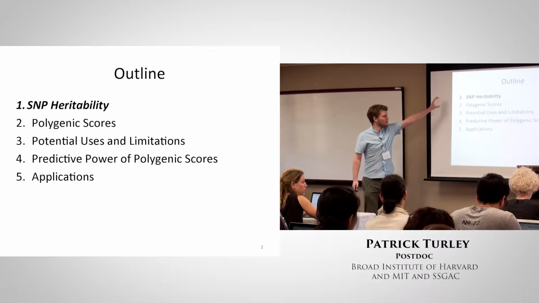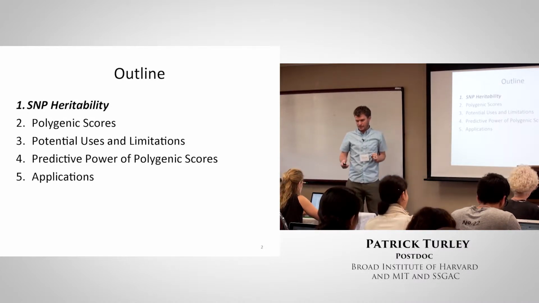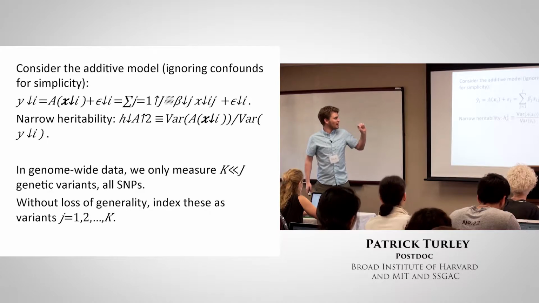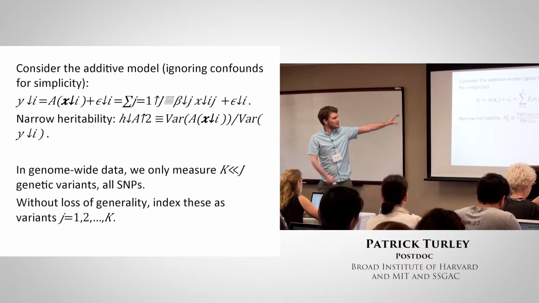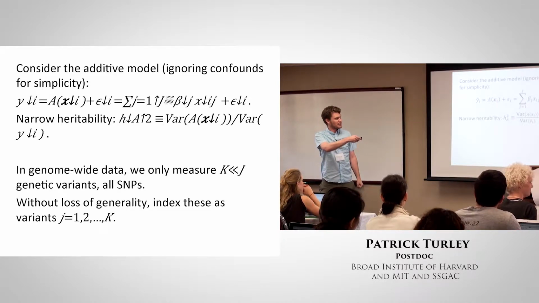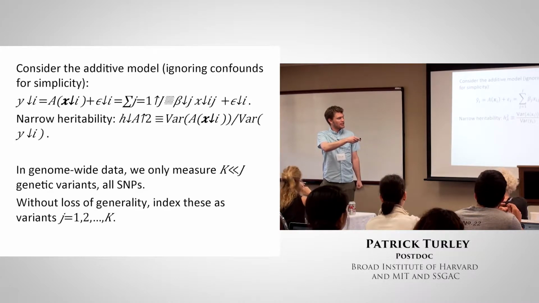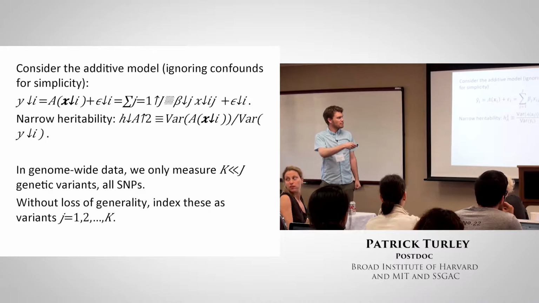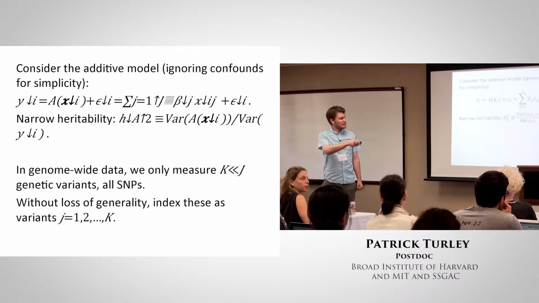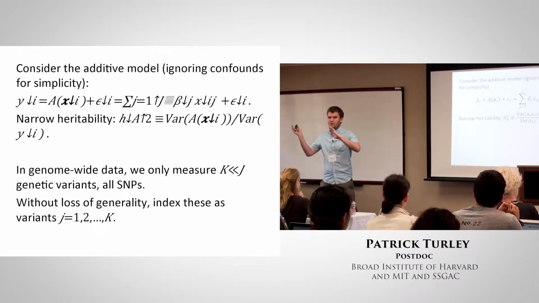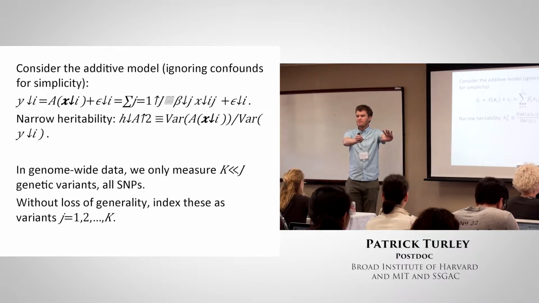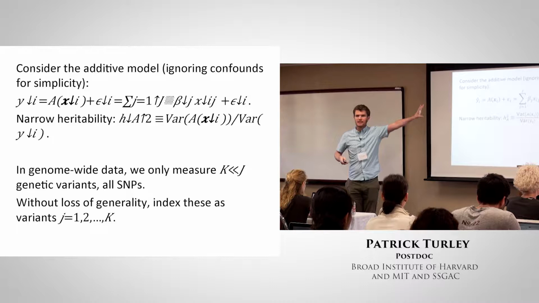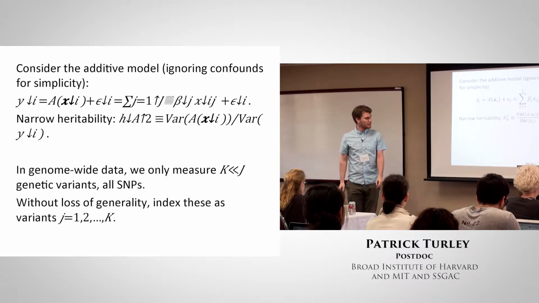So first we want to talk about this idea of SNP heritability. As you recall from last week, this is the additive model that we were discussing, the true causal model. Remember that we're saying that there are J variants in the genome, and X are the variants, and there's this beta, which is the true effect size of that variant. We said there's this thought experiment where we can think of this beta as what we would get if we were to switch in a variant at conception.